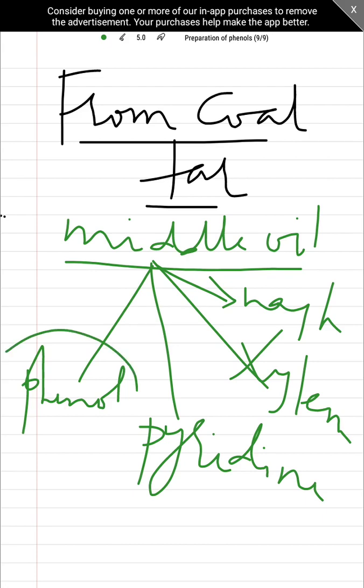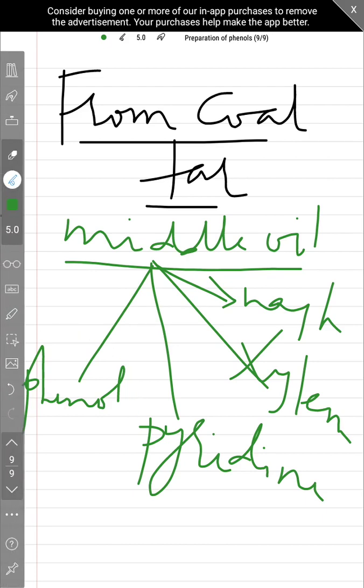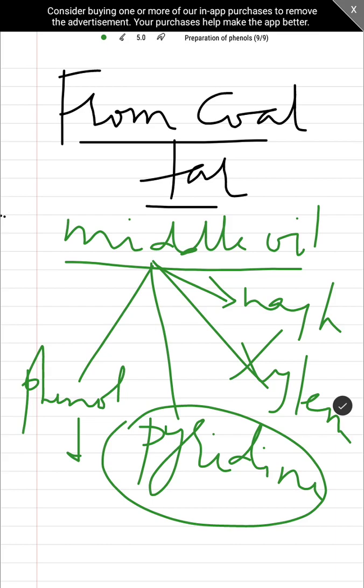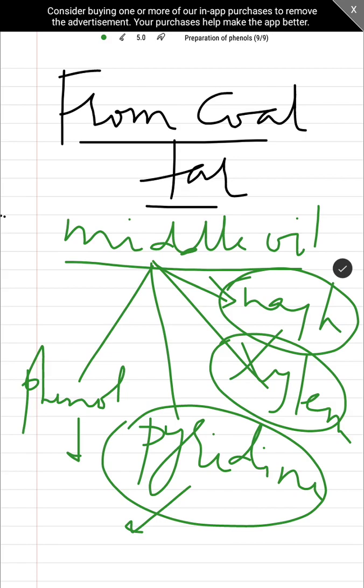Phenol, being acidic in nature, is removed by treating with NaOH. Pyridine, being basic, is removed by adding acid. Xylene is removed by adding water. Naphthalene is removed by crystallization.